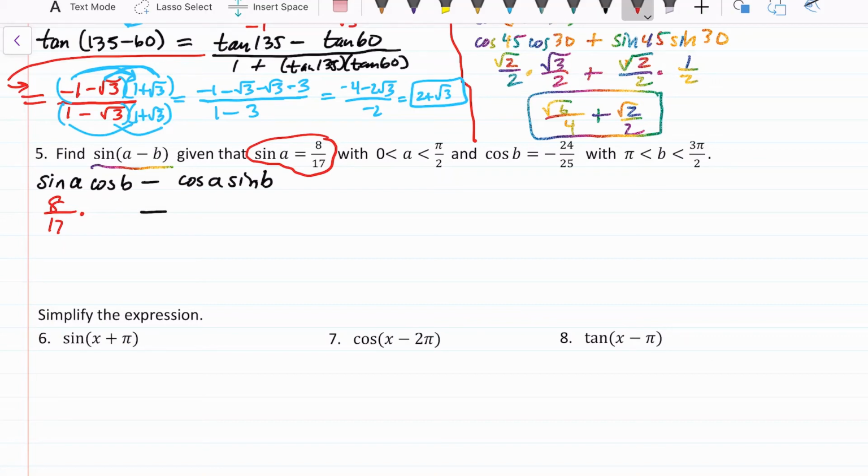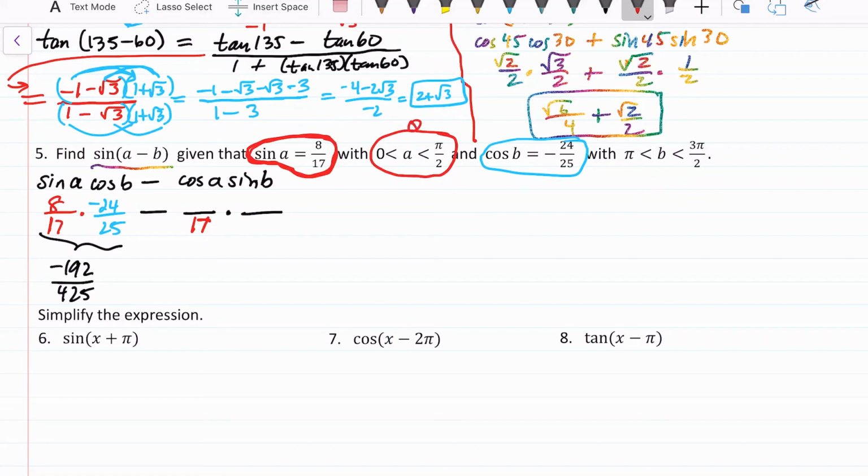And they give me, let me use a different color, cosine of b. So I actually already know the first one will be negative 192 over 425 for the first fraction. So for the second fraction, I definitely know because for sine of a, we have 17 in the denominator. So for cosine of a, we're also going to have 17 in the denominator.